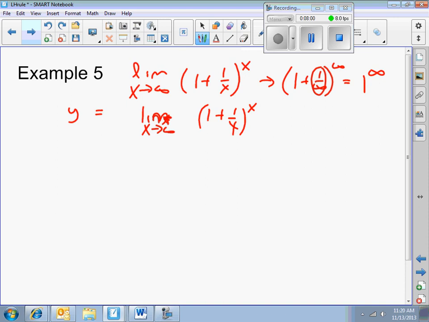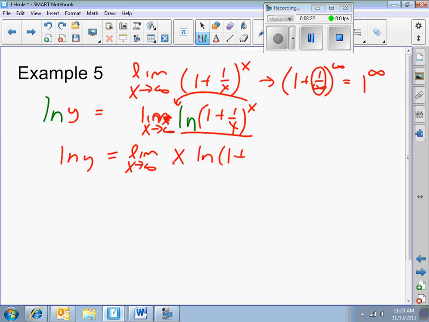I'm going to take the natural log of both sides, and I can evaluate that limit on the outside. So I'm going to just put the natural log on the inside. So what I end up with is the natural log of y is equal to the limit as x approaches infinity of, now think about the power rule on a log, that x can become a multiplier, x natural log of 1 plus 1 over x.